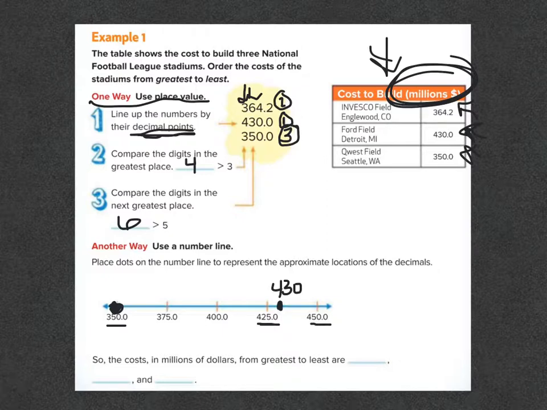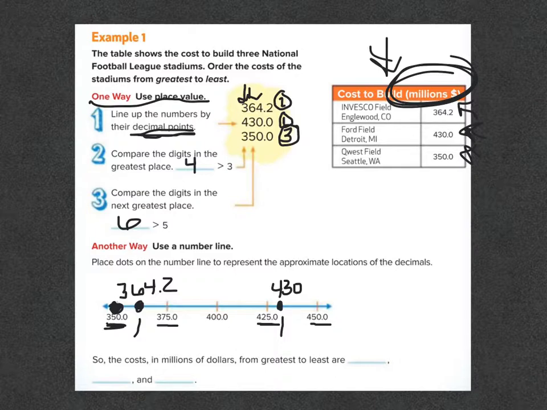And then I need to get 364.2. Okay, so 50, 75, about halfway between the two is 364.2 million. Okay, so we know that 350 is the smallest, then 364.2, then 430.